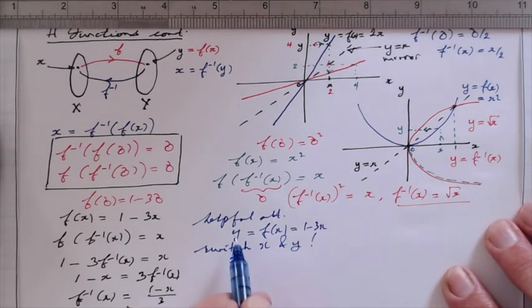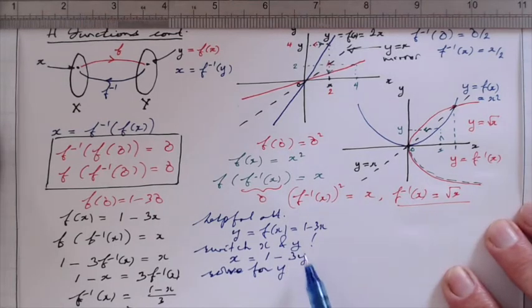Wherever we see y, we write x, and wherever we see x, we write y. And then solve for y. Sorry, my handwriting is particularly opaque. I apologize. So we're going to solve this equation for y.